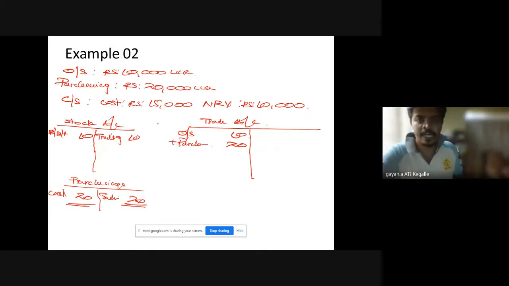First of all, we have to record this 15,000. What is the double entry? Trading account credit, stock account debit. So we need to deduct this.